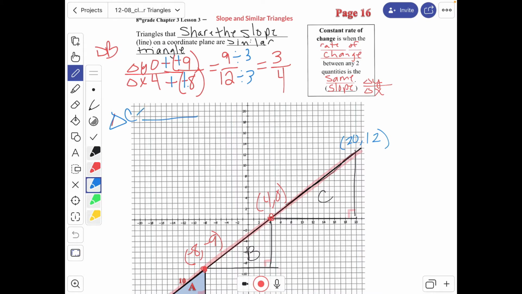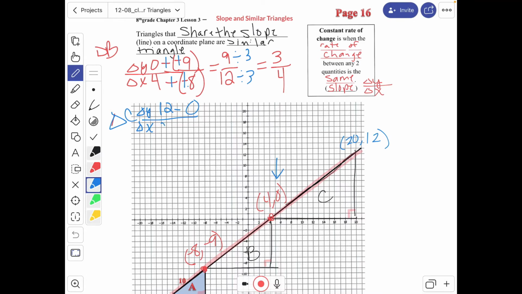And again, it's change of y over change of x, and the y's are 12 minus 0. See, I'm using the same point.